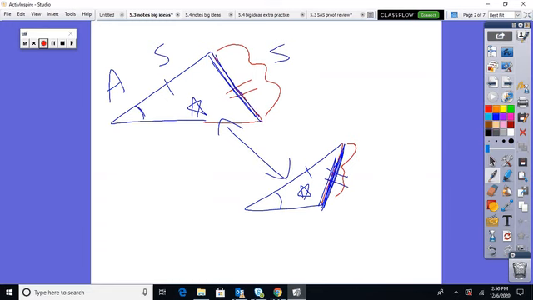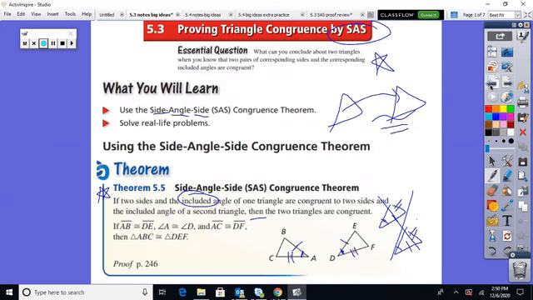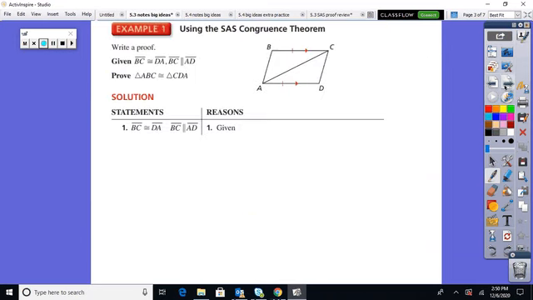An angle followed by a side followed by another side does not guarantee us triangle congruence. It's got to be set up like this, where the angle is sandwiched in between the two sides. It's kind of like these two sides hinge on that angle. If they have the same hinge between them, then the length of that third side would have to be the same. So that's why you can get sassy, but not ASS.